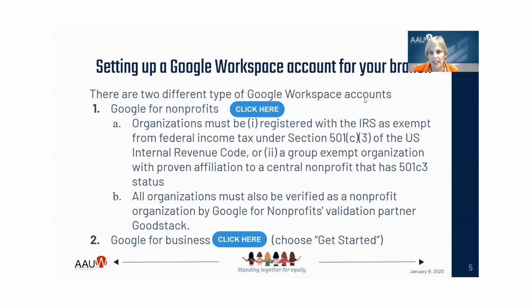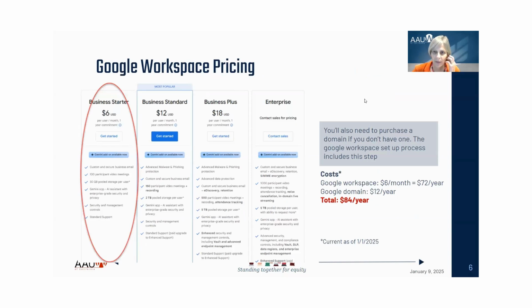And I want to say that even though you might want to do the Google for Nonprofits, it's not that expensive to get started, even if you can't do it. Most organizations need just the Business Starter, which is only $6 a month.